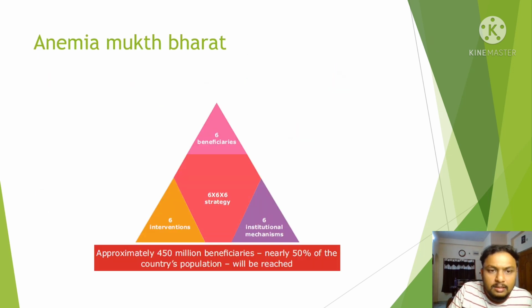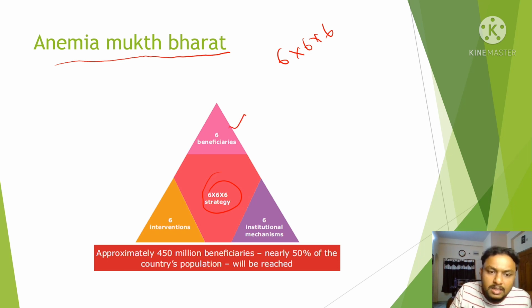Anemia Mukt Bharat is a newly introduced scheme or program in India. It is working on a 6 by 6 by 6 strategy. This strategy includes 6 beneficiaries, 6 interventions, and 6 institutional mechanisms.